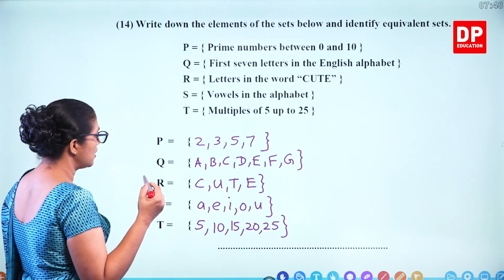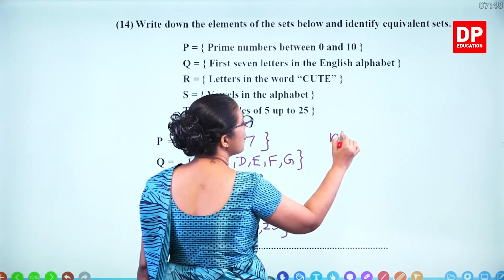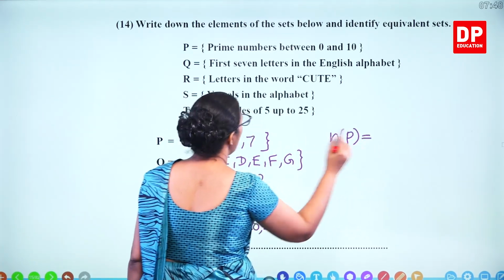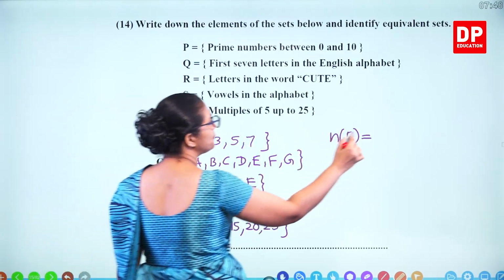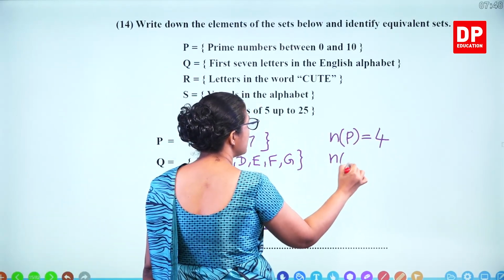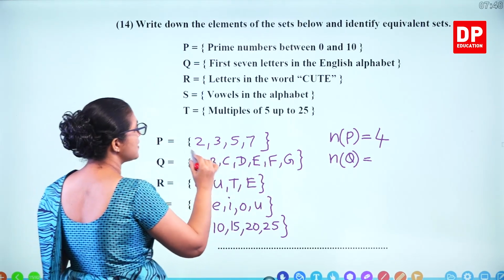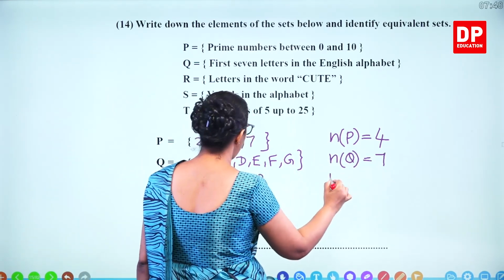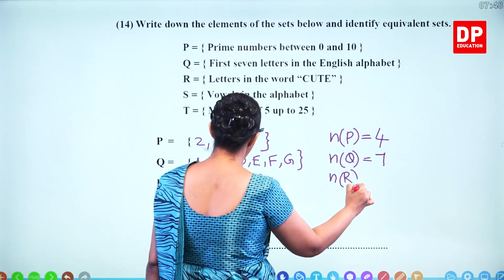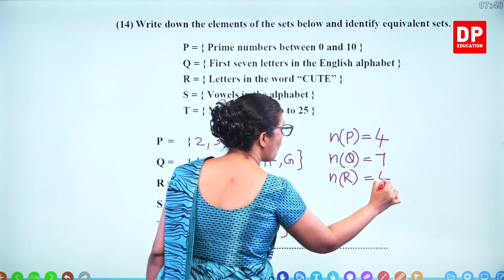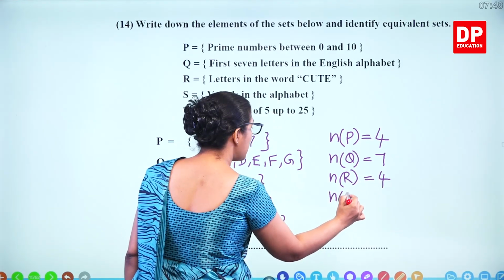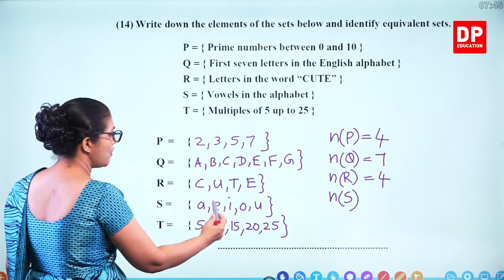Now we'll count NP, number of elements in P. 1, 2, 3, 4. Number of elements in Q. 1, 2, 3, 4, 5, 6, 7. Number of elements in R. 1, 2, 3, 4. Number of elements in S. 1, 2, 3, 4, 5.